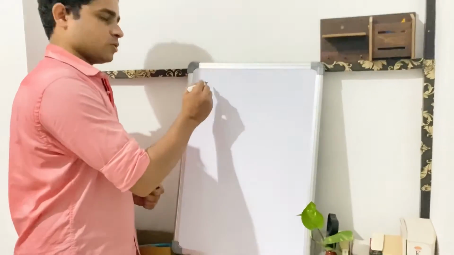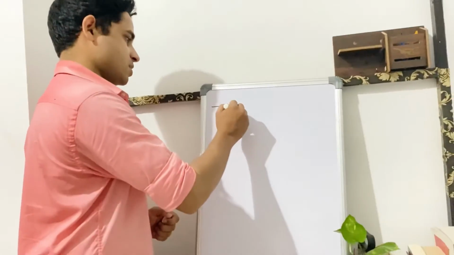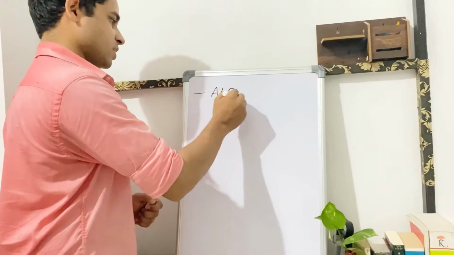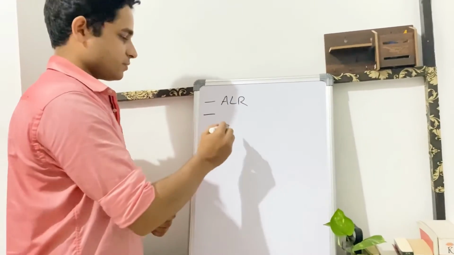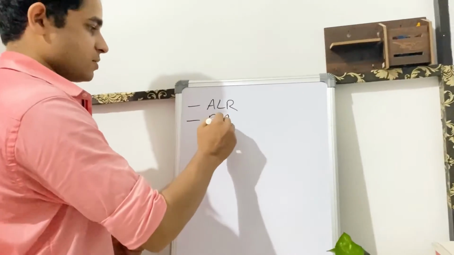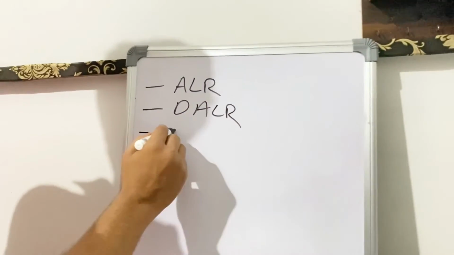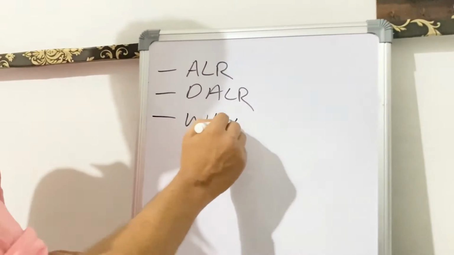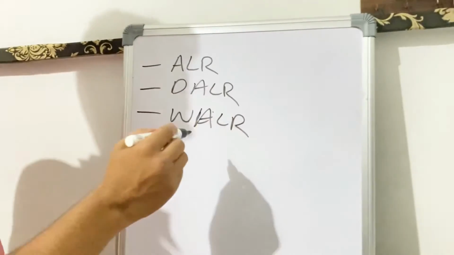So with relation to lapse rates, there is atmospheric lapse rate, and among them a dry adiabatic lapse rate is there, then wet adiabatic lapse rate is there. So these are the types of adiabatic lapse rate.